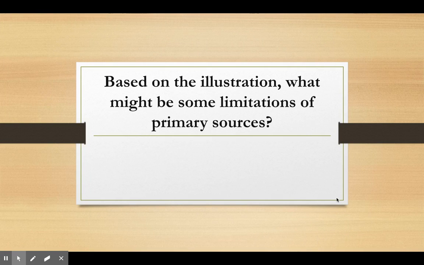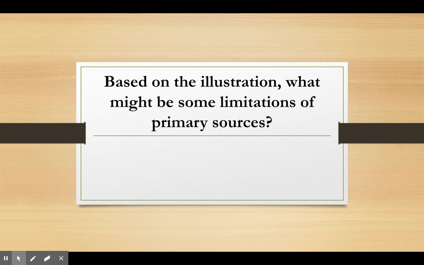I've got a little illustration there on the bottom of page 13, and it says, based on the illustration, what might be some limitations of primary sources? I told you, a lot of students think that just because it's a primary source, it's reliable. You can't write that on an enduring issues essay.